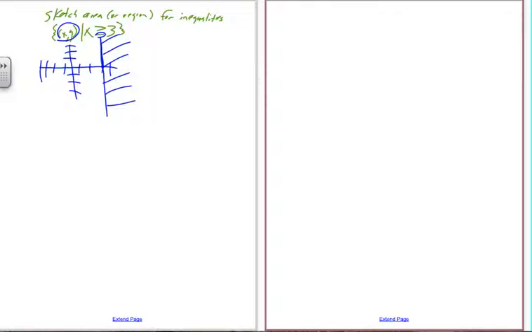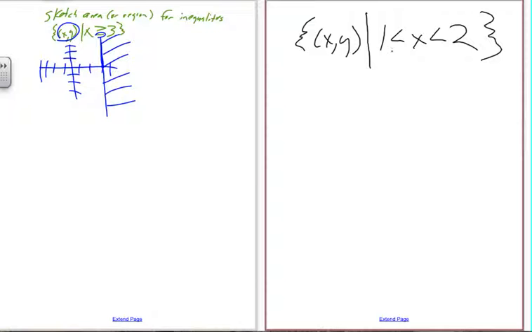Okay, so let's deal with one that's similar but not quite the same. Again, we want to sketch a region. And this x, y tells us we're in two-dimensional space, a coordinate grid, such that x is between 1 and 2. But you notice it's not equal, it's just between those two. So again, we do the same type of thing. First thing we do, draw our number line.